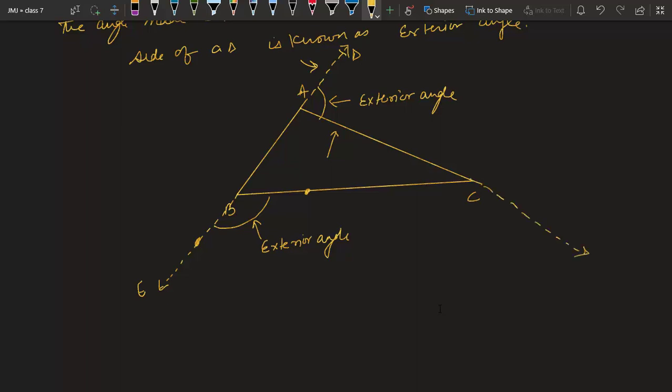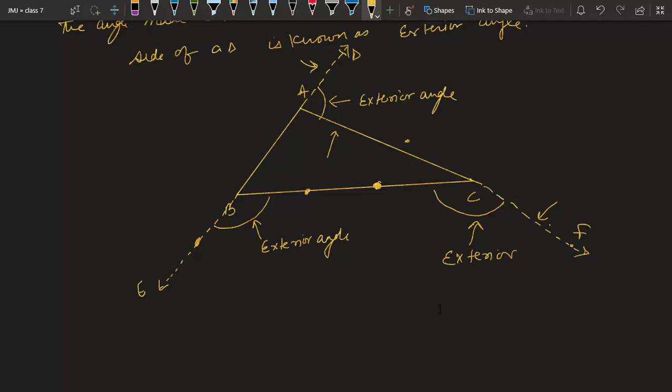If I extend AC, this must be the extended line. Can you tell me what is the adjacent side for this? If you think AC is the adjacent side, you are wrong, because AC is this line only. The adjacent one is BC. So this extended line CF and this line BC will make your exterior angle. I hope the concept of exterior angle is clear to you.